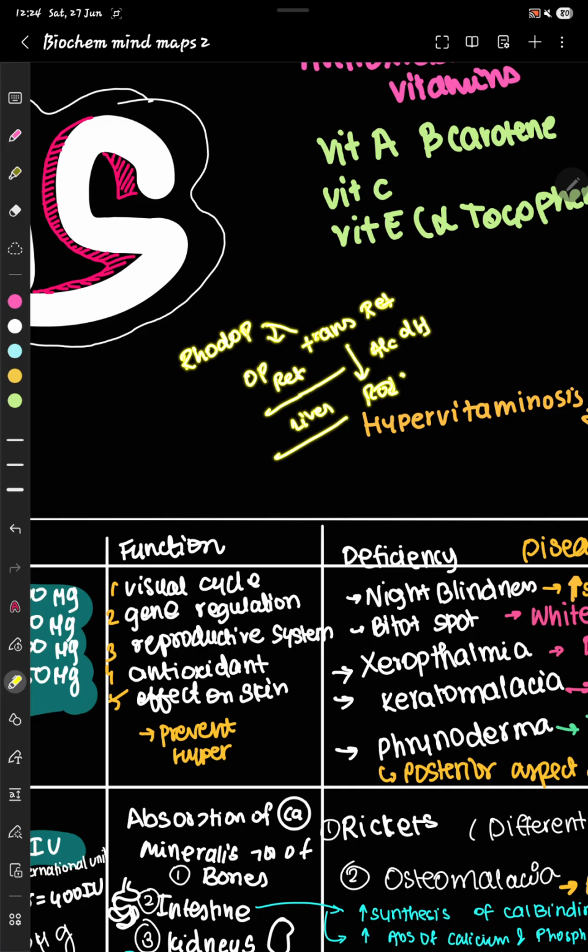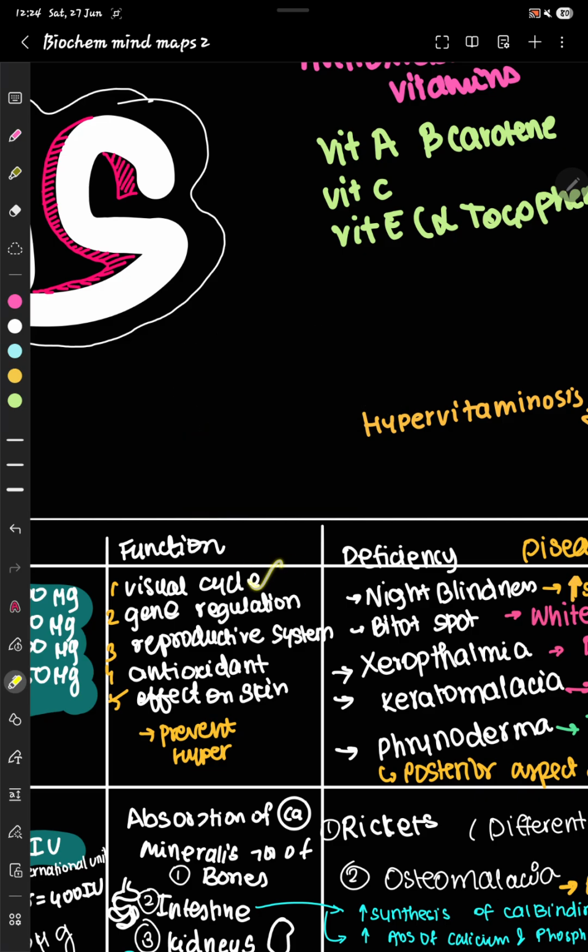All-trans-retinol is converted into 11-cis-retinol, then that is converted into retinal and combines with opsin to form rhodopsin. That whole cycle is called Wald's visual cycle.